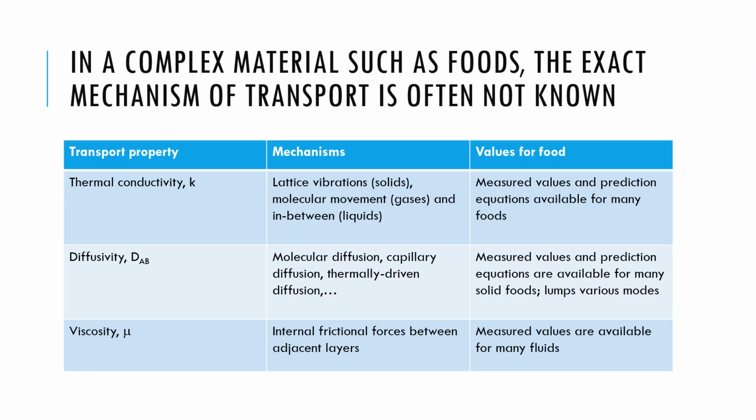Now, in a complex material such as foods, when we talk about a material property like thermal conductivity, we can talk about the different mechanisms that it normally represents, like lattice vibrations for solids, molecular movement for gases, and in between for liquids that are closer than gases, but not as close as solids.